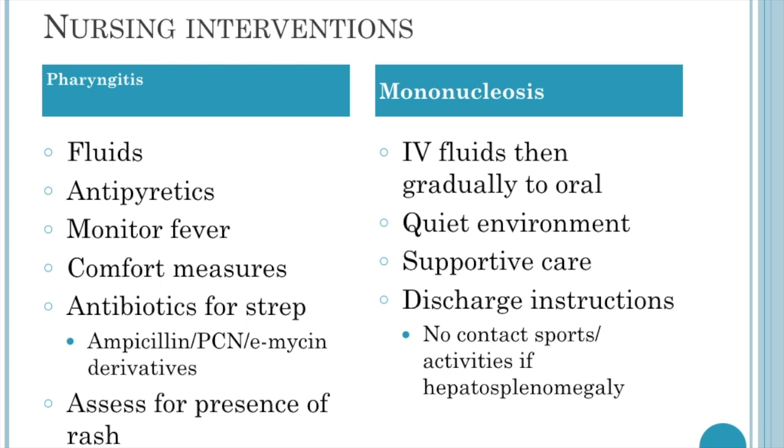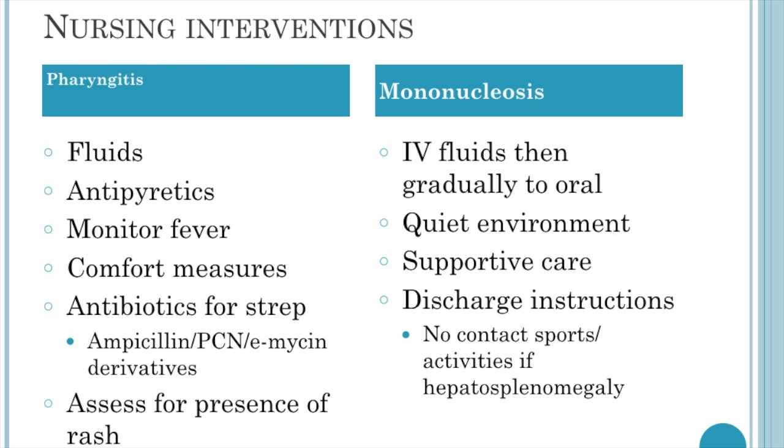For mono, IV fluids, and then gradually promote oral fluids. Give them a quiet environment so that they can sleep as much as they need to, and do supportive care. Make them very comfortable. Once you know that this child can handle their own secretions and they can do oral fluids, we're preparing them for discharge.